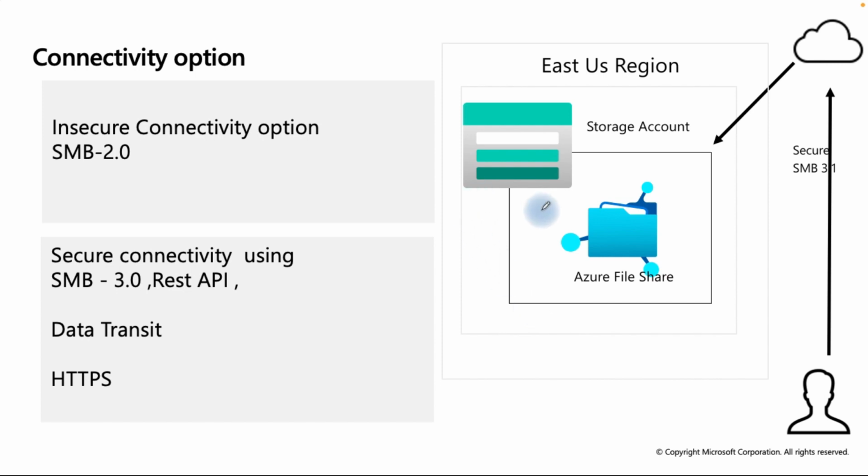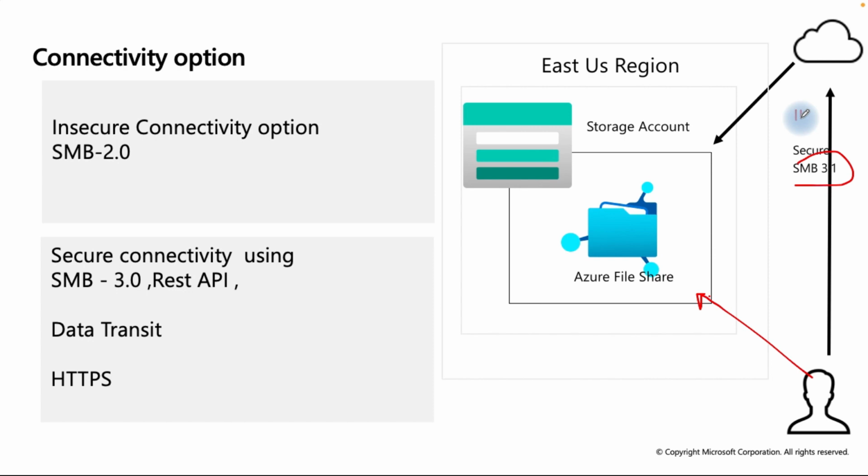For example, if your device is on premises, you can directly access it through HTTP and SMB 2.0, and you have no issue, because no one can get access from outside or anonymously. But it's insecure, so you should connect securely using SMB 3.0 and above, with the data transiting through HTTPS.